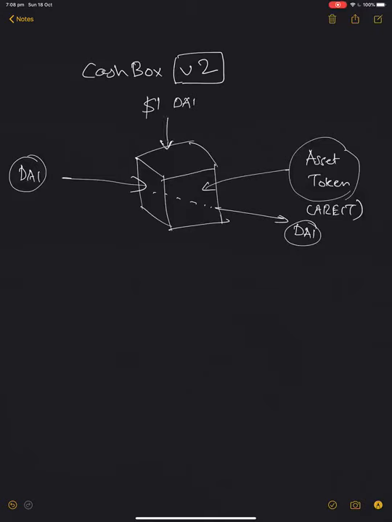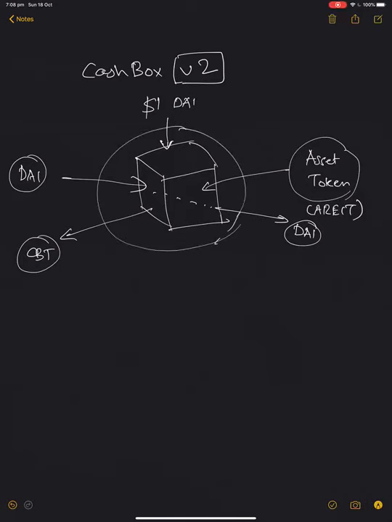Now, we tested this out. It works fine. We also created a staking mechanism. So initially when you put in DAI, you get CashBox tokens. These CashBox tokens represent your ownership of this pool.